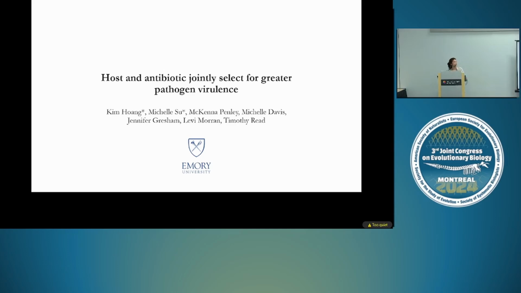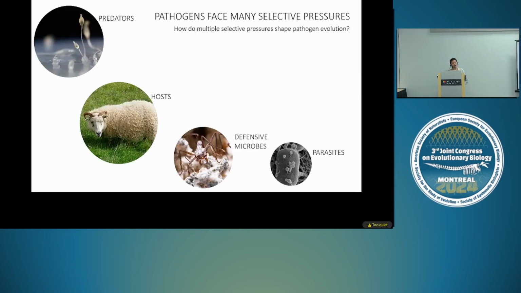Okay, thank you. So I'm really excited to tell you a little bit about our work on pathogen evolution today. Pathogens face many different selective pressures in their environment. These include predators, the hosts that they infect, the other microbes that are in their host, as well as having their own parasites.